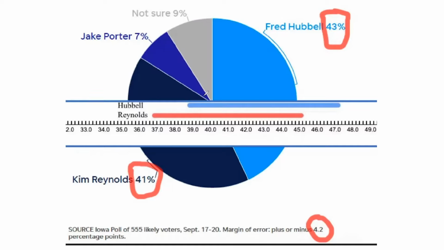It could be that Hubble is ahead, or it could be that Hubble is here and Reynolds is here and Reynolds is ahead. So the correct headline would be, we just spent a fortune on a poll and it told us nothing. That's the correct headline.